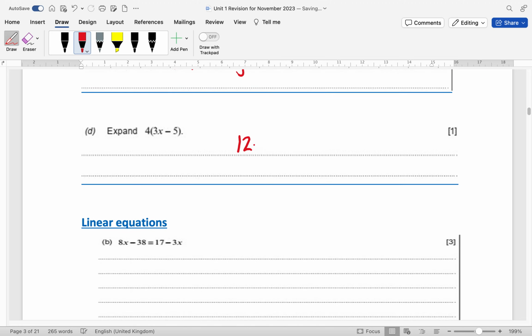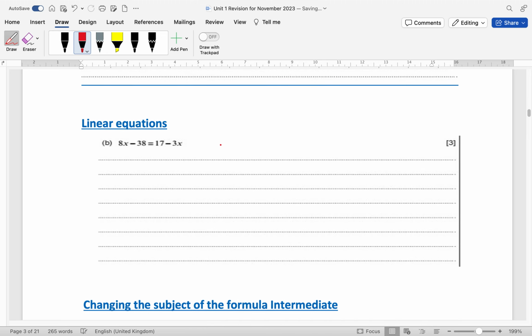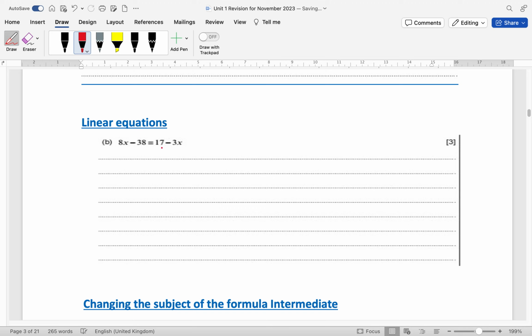Expanding brackets, nothing to say there. Times them both by 4. Solving linear equations. To solve linear equations, linear means x. Quadratic means x squared. Okay? If equations are linear, we need the letters one side, so we're going to bring this over with the letters, and we need the numbers the other side.